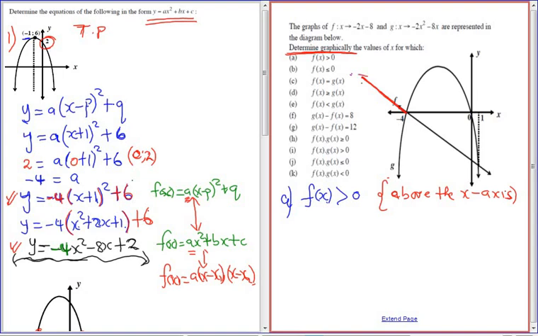So this part here is the part that is above the x-axis. And as you can see, it is to the left of this value here. So our root is at -4 and we want to go to the left. Well, I think you know that if we're going to the left of -4, we are talking of numbers that are smaller than -4. So that's how you solve such a question.